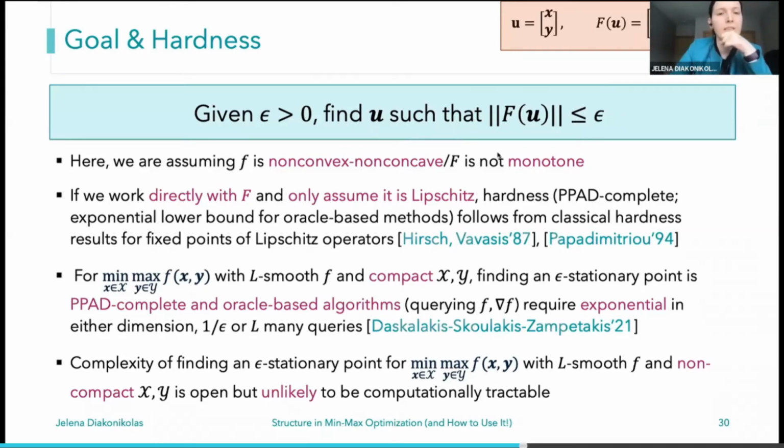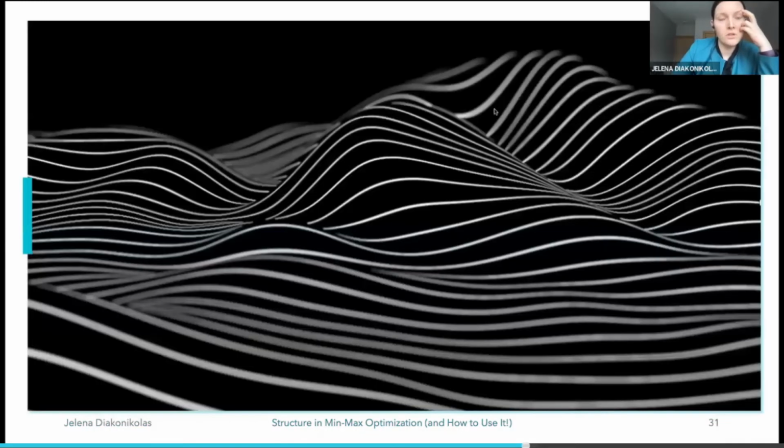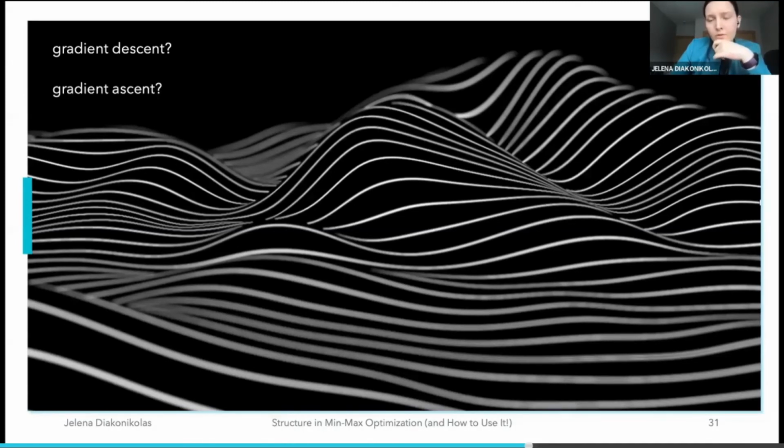Now, when you think about this, it might be a little confusing, especially if you work with non-convex optimization, because I only want to find a stationary point. In non-convex optimization, you would run gradient descent. Why can't I just run gradient descent here? If my function was bounded below, I would find a stationary point. Or if it was bounded above, I would also find a stationary point with gradient descent.